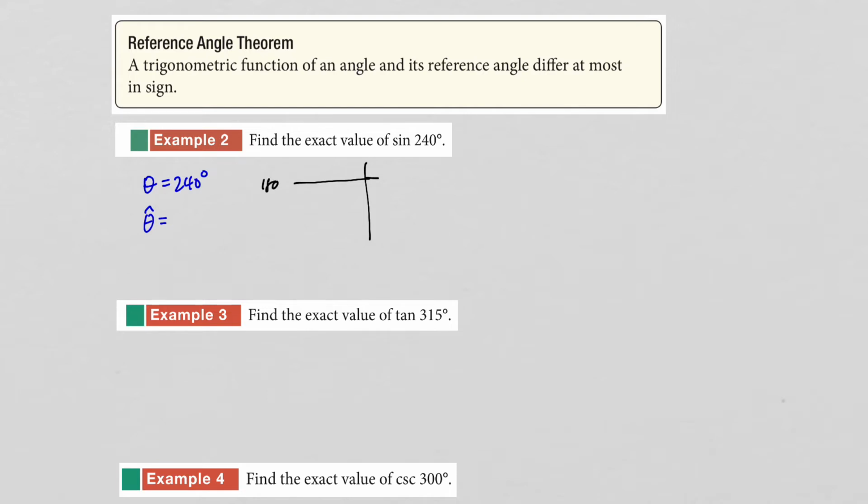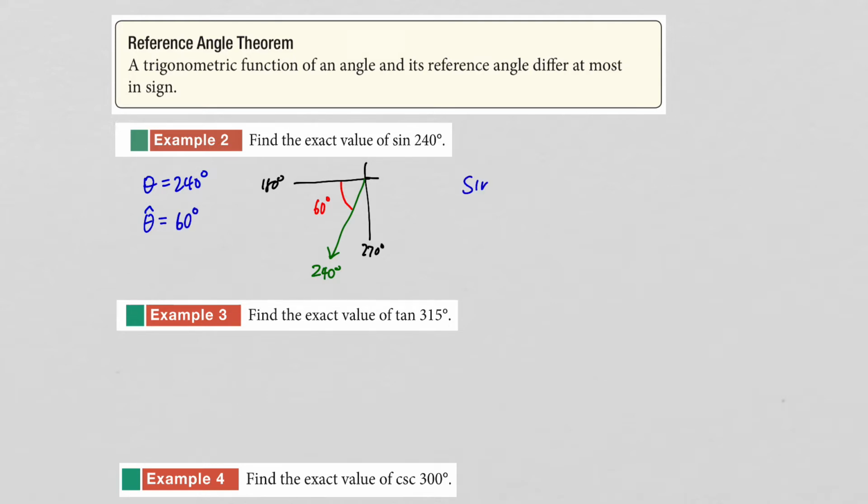Here's 180 and here's 270, so 240 degrees is somewhere about here. To find the reference angle, we look at the angle between the terminal side of theta and the x-axis. This angle here is 60 degrees, and we get that by subtracting 240 minus 180. So our reference angle is 60 degrees.